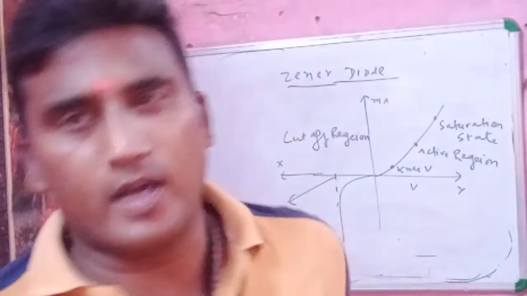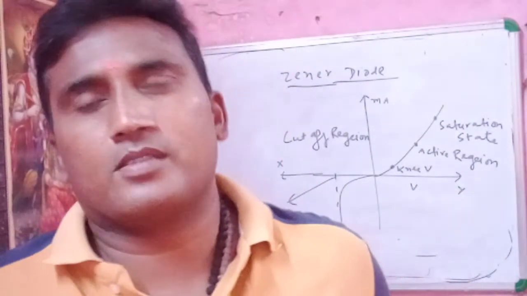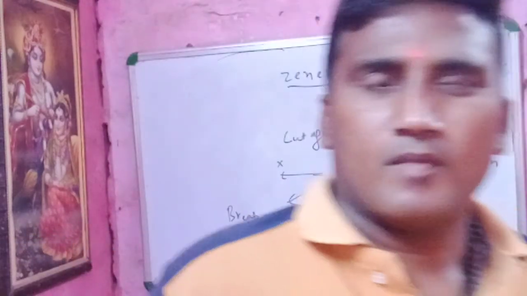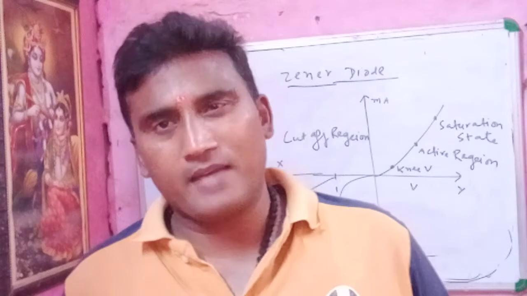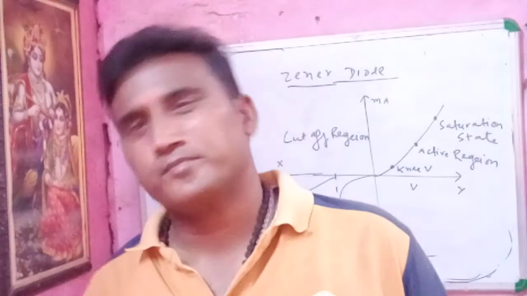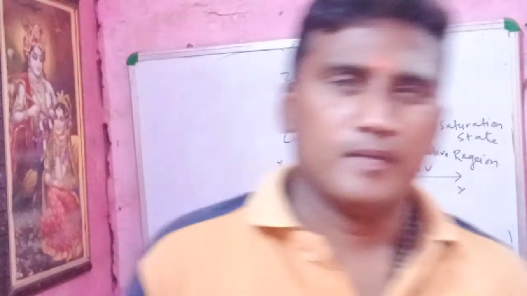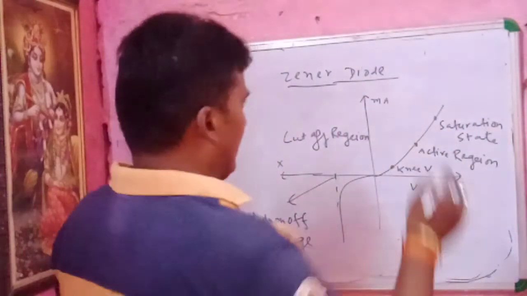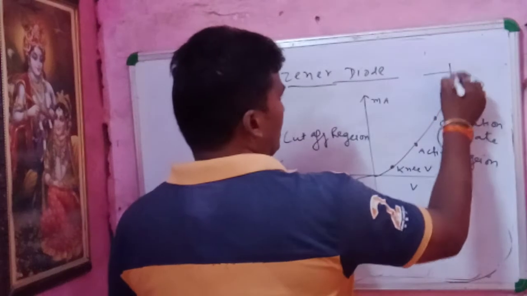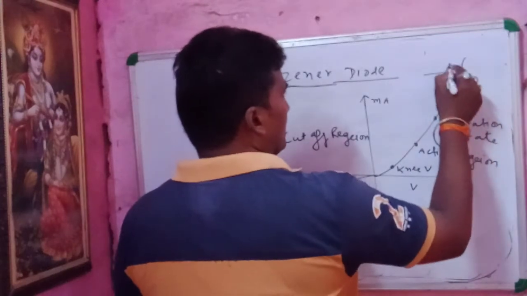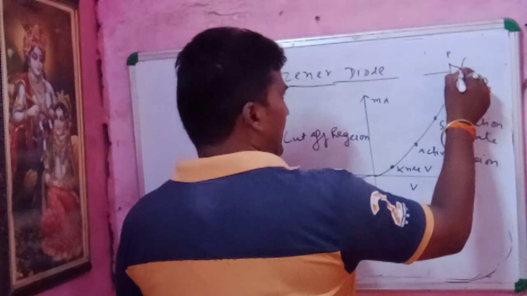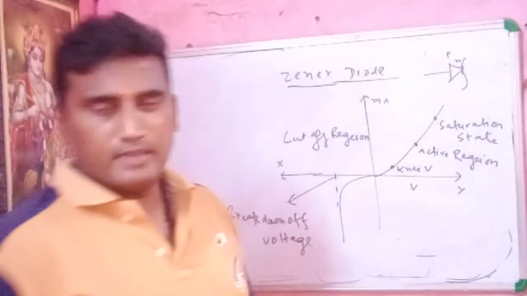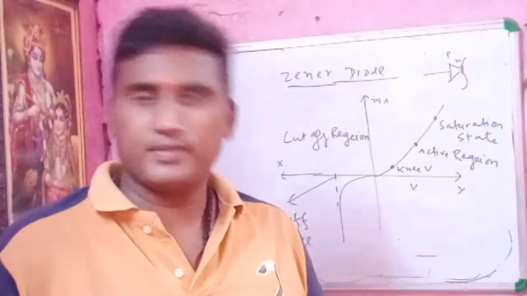What is the reverse bias? When the current continuity is transferred from the minority to the majority, it is known as the reverse bias. We can easily understand it with the help of this diagram of the Zener diode: the P and the N semiconductor in forward and reverse bias.